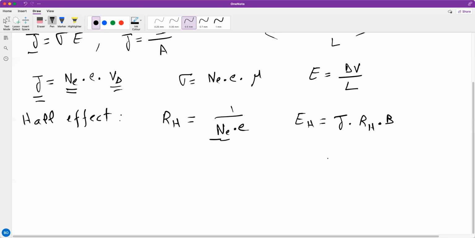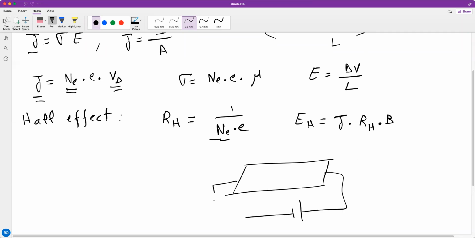For example, let's say I have a potential difference here. To make it easier, let's write everything on the plane of this.